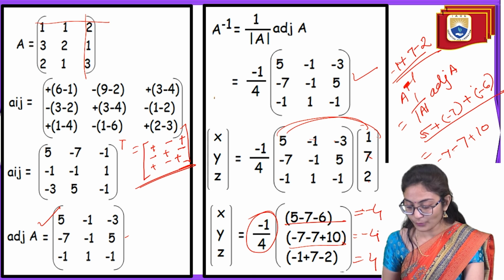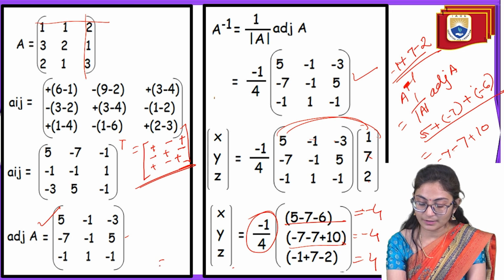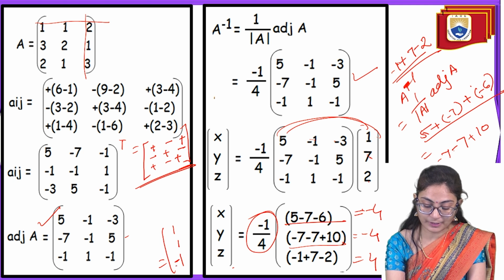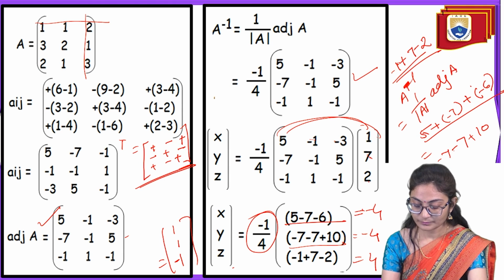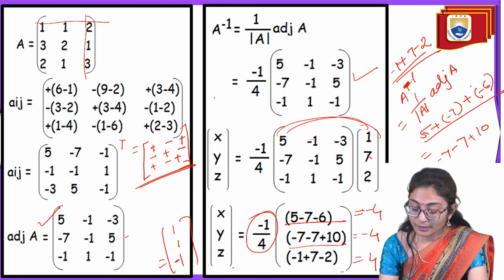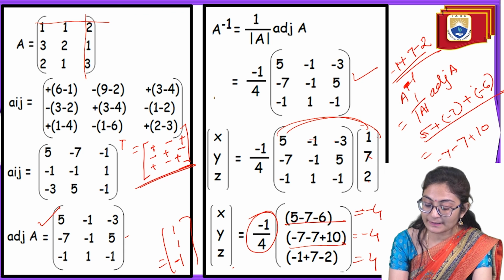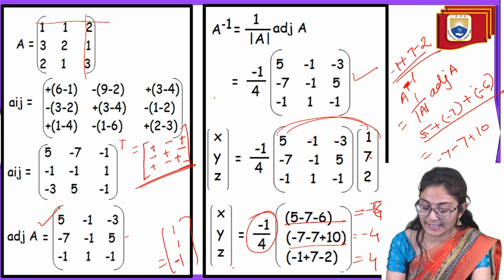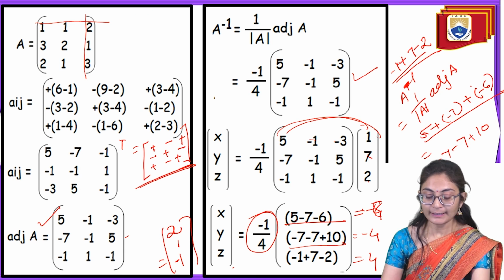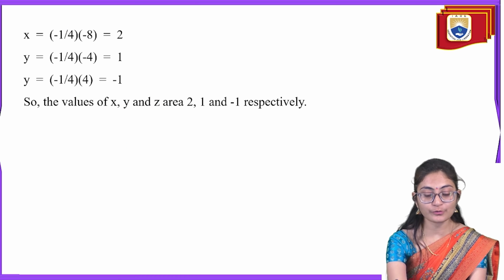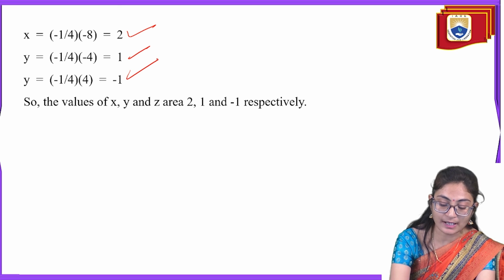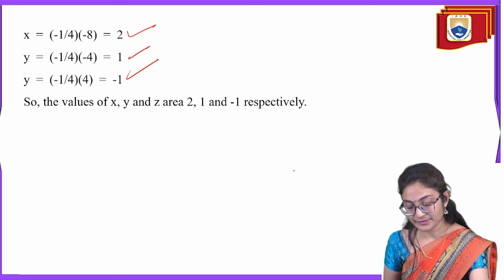After dividing, you will get these values like 1, 1, minus 1. Sorry, 5 minus 7 minus 2 and minus 6, this is the 8. So it will be 2, 1, minus 1. That means your x, y, z values are 2, 1, minus 1.